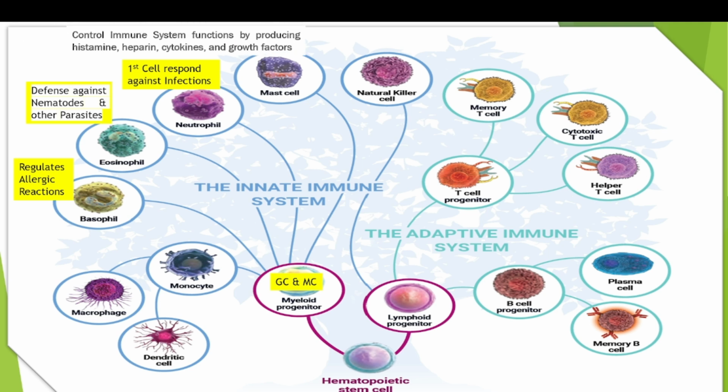Then there are mast cells. These are another type of myeloid cell developed from myeloid progenitor cells. These mast cells are involved in controlling immune system function by producing histamine, heparin, cytokines, and growth factors. Some studies show that mast cells are also derived from basophils.